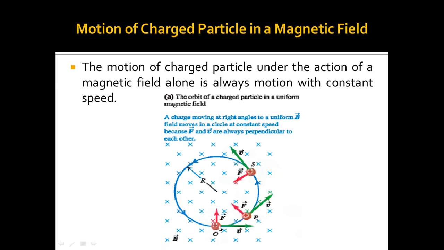Now, once the charged particle arrives at this location where it was deflected, what happens as a continuation is, of course, the application of the force by the magnetic field is always continuous.